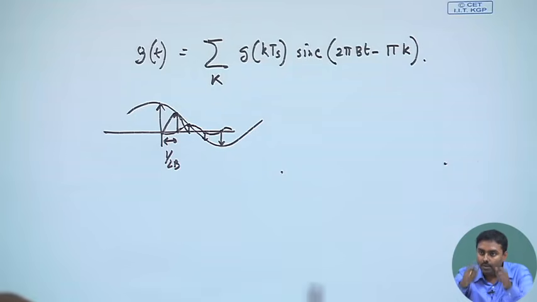So, basically they go to 0 at 1 by 2b. If you just put those sinc functions one after another, they will reconstruct the signal. So, we have understood now that a signal is nothing but you take those samples and put a sinc function over there, okay.